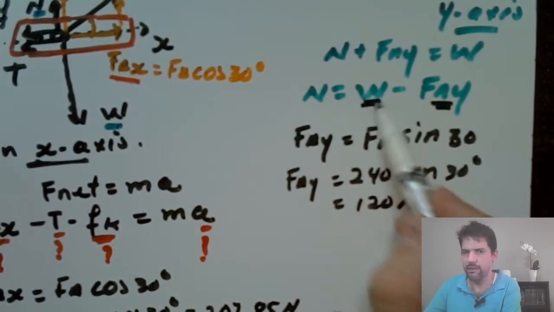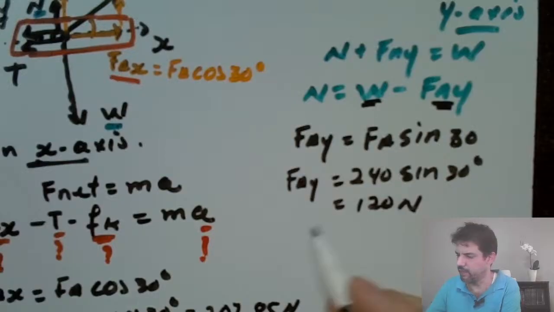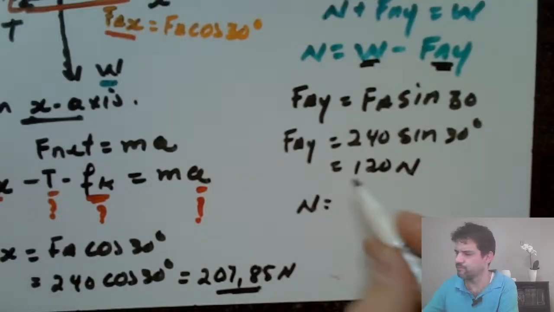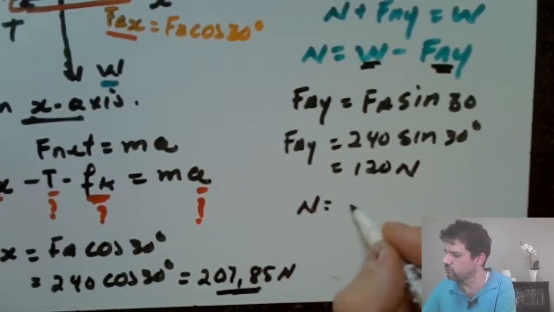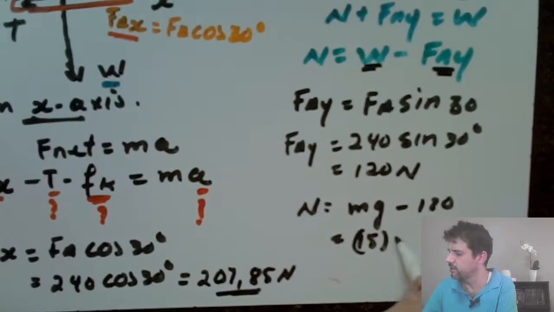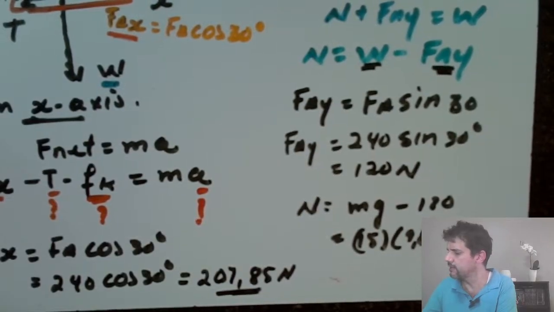Remember, W is mg. So normal, in actual fact, is going to be equal to W, which is mg minus 120. If we substitute, the mass is 15, 9,8 minus 120.